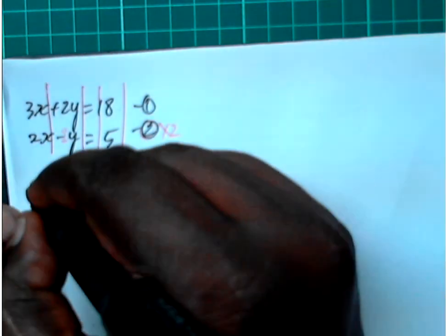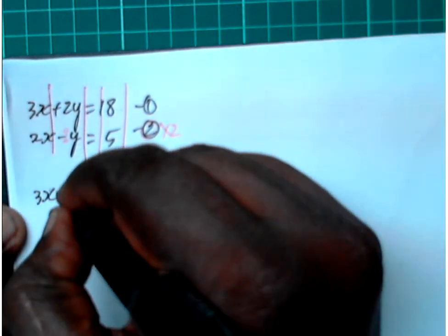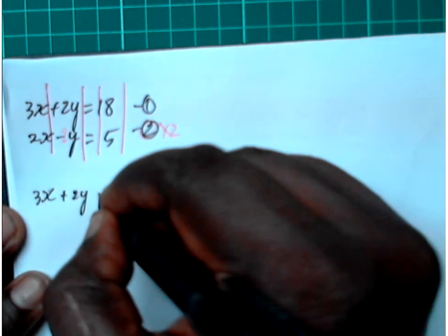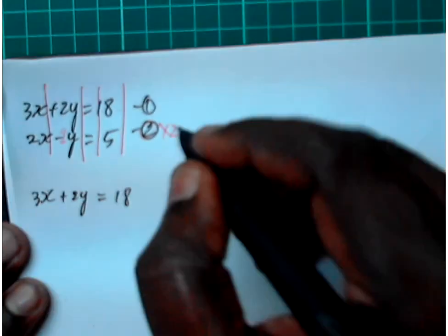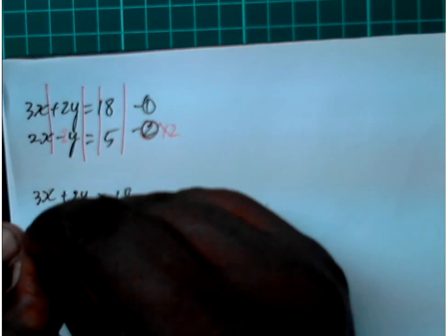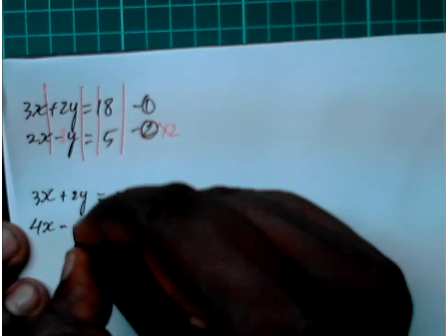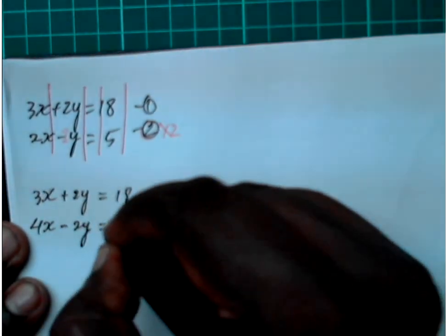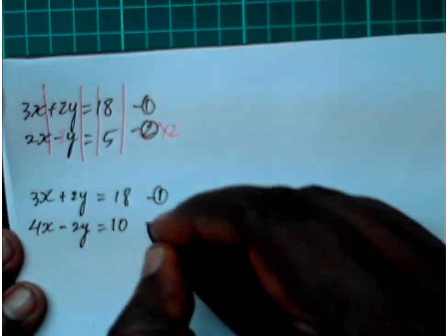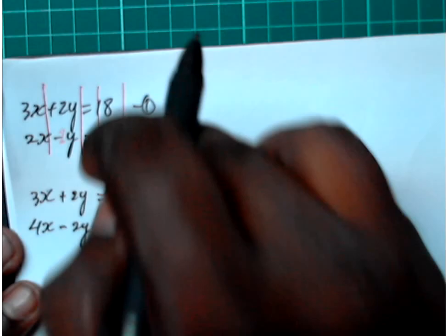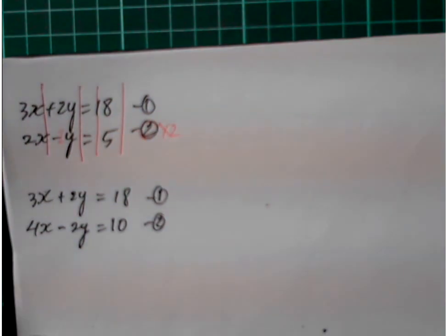I get 3x plus 2y equals 18. And let me write my new equation 2, which is a multiple of 2. So I get 4x minus 2y equals 10. The two equations are the same, they're just double of each other.